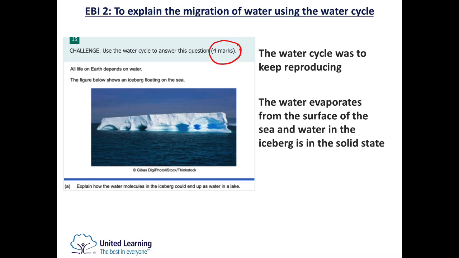And this person has written down that it evaporates from the surface of the sea, which is good. They've said one of the processes in the water cycle, evaporation. And they've also said another process here, which is that the water in the iceberg is in a solid state. But they should have said that it also melts.